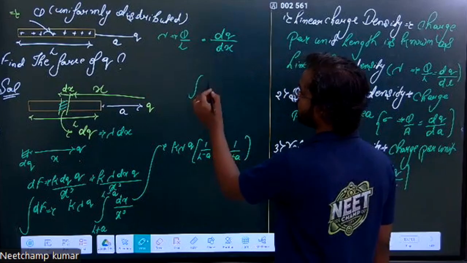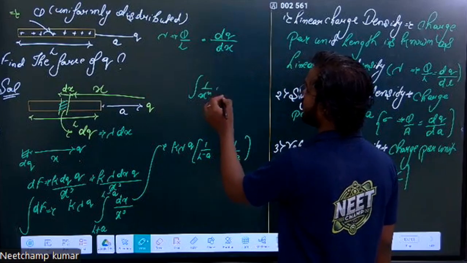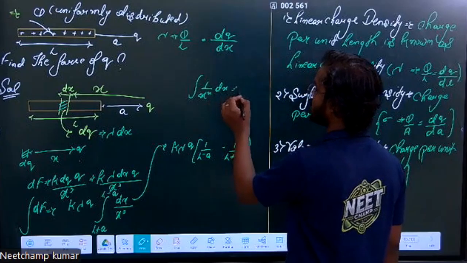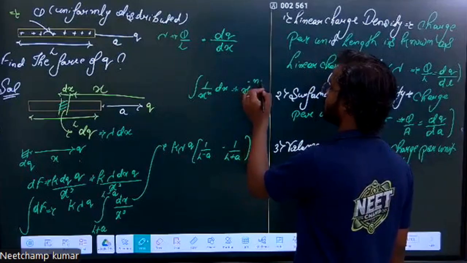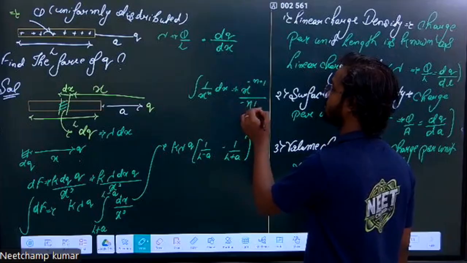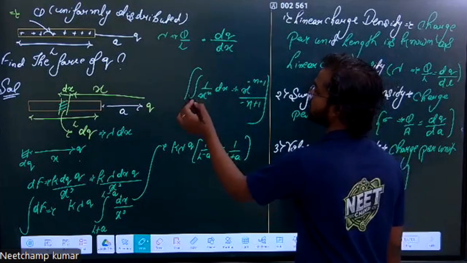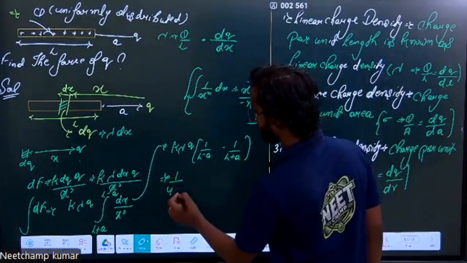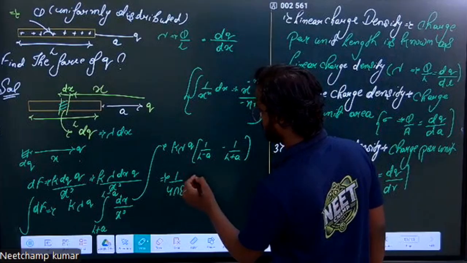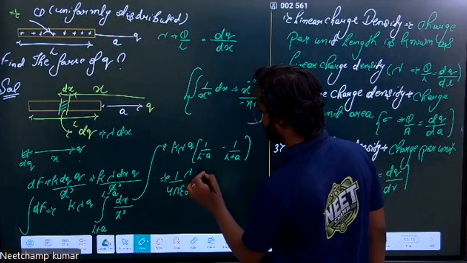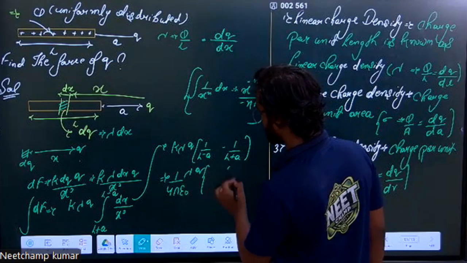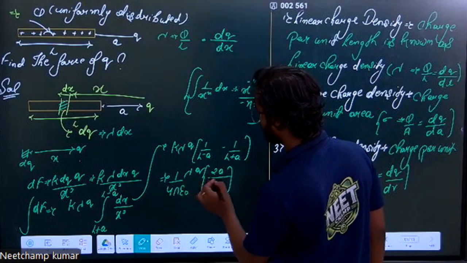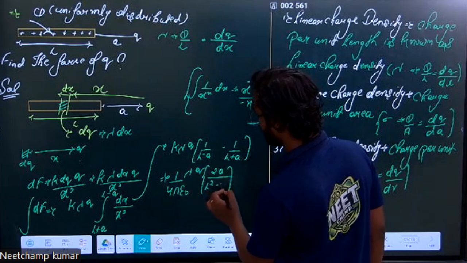Remember the integration of 1 upon x to the power n into dx is x to the power minus n plus 1 upon minus n plus 1. You just remember this. Now you can solve it. It becomes 1 by 4 pi epsilon naught into lambda into 2a upon L square minus a square.